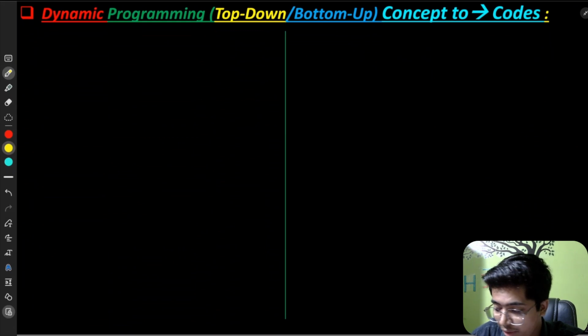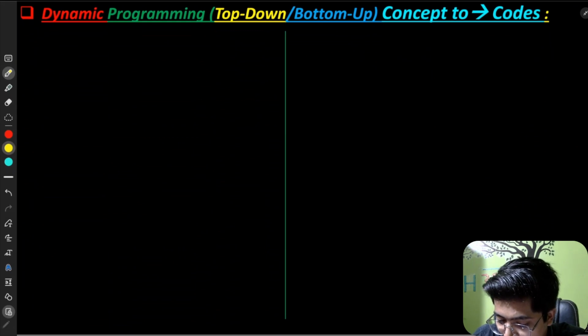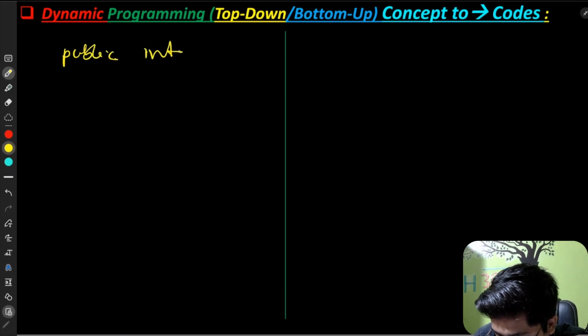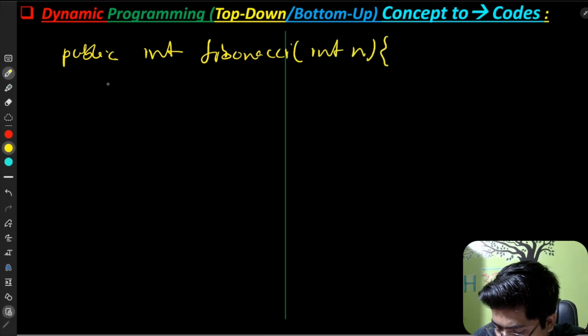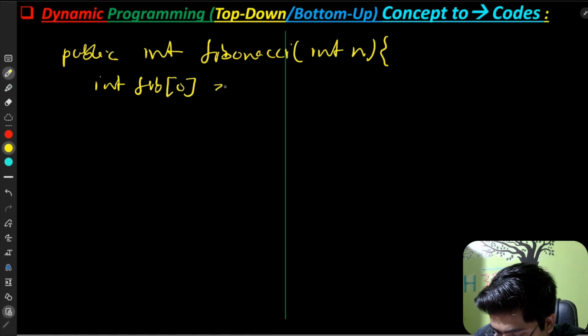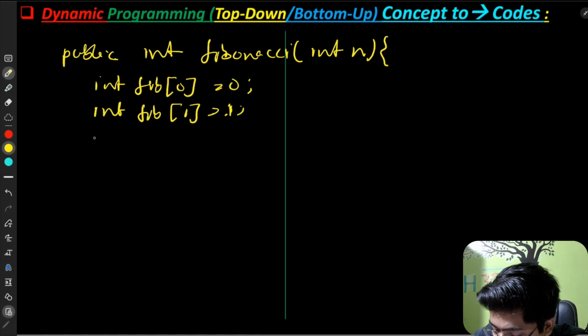First, what was our function? That was public integer Fibonacci of integer n, and our integer Fibonacci of 0 was 0, integer Fibonacci of 1 was 1, and for summation we just did integer sum. So initialize this integer sum equals to 0. Now we start a loop from here.